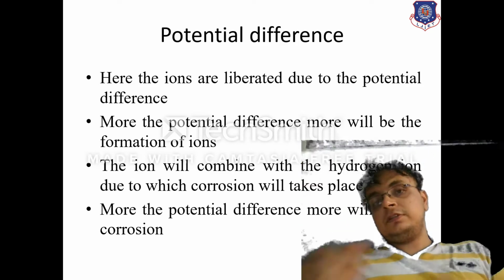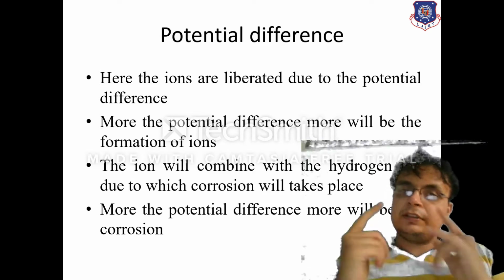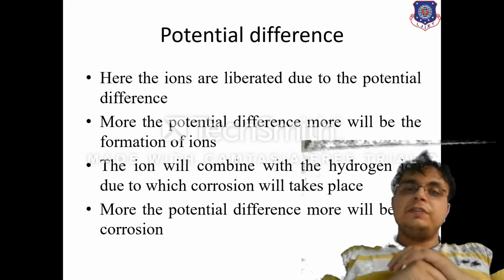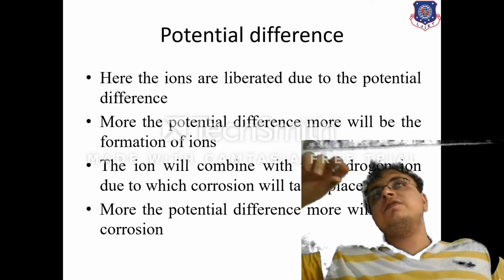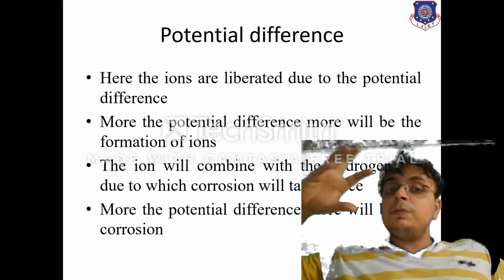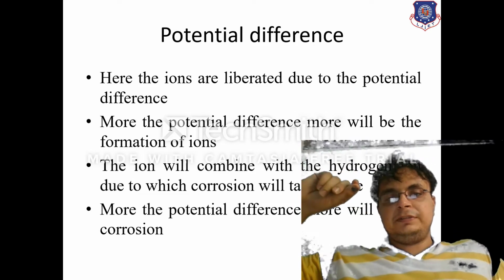First of all, we will start with the first factor, that is the potential difference. We all know that ions are generally liberated due to the potential difference.